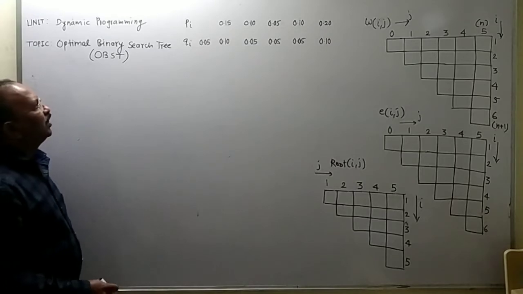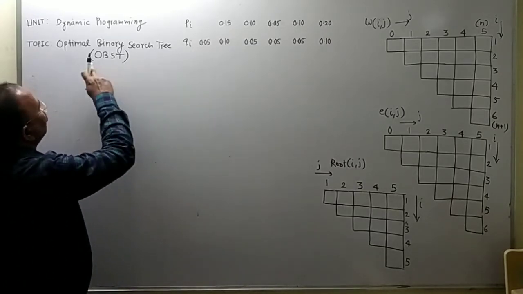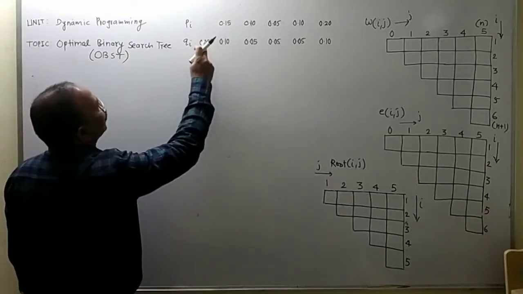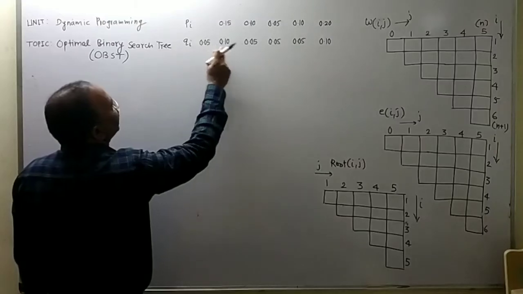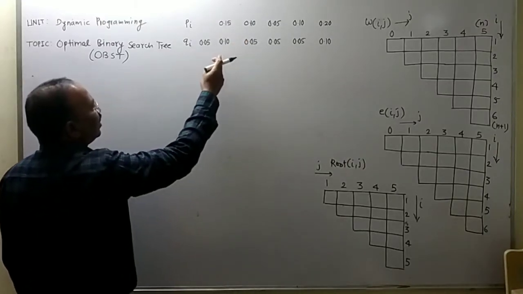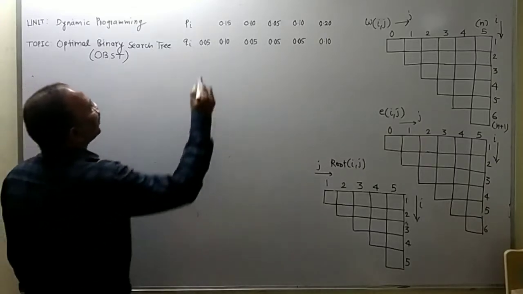In this video, let us discuss second numerical problem based on the OBST. There are probabilities of actual keys and dummy keys given. Let us see how many actual keys are there and how many dummy keys are there in this numerical problem.